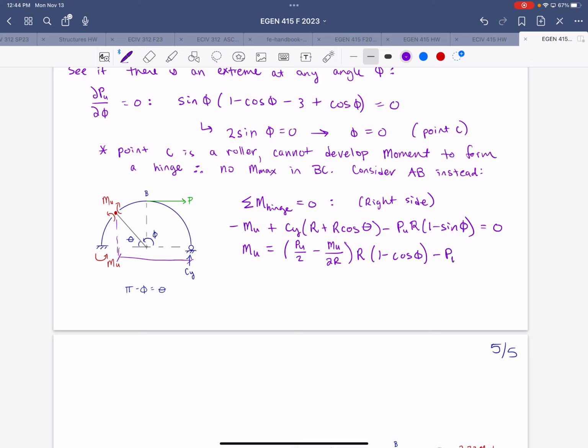And then minus pu times r and 1 minus sine of phi. So we end up with pu is equal to mu over r times, in parentheses, 3 minus cosine of phi, divided by 1 minus cosine phi minus 2 times 1 minus sine of phi.